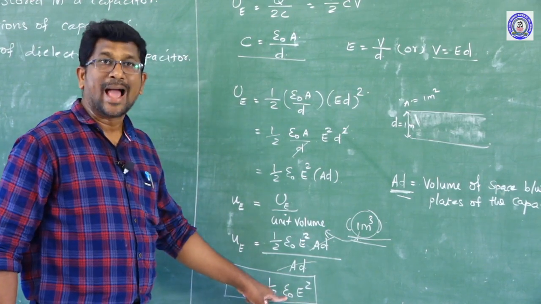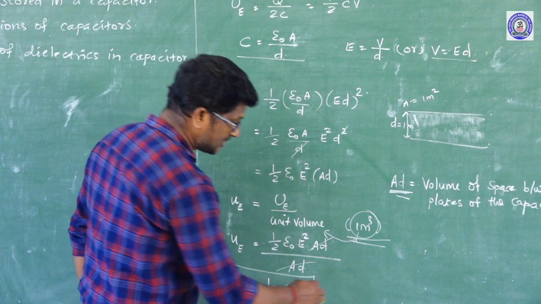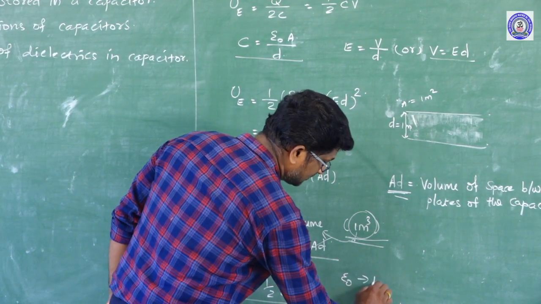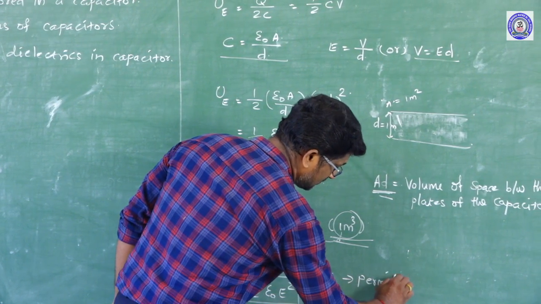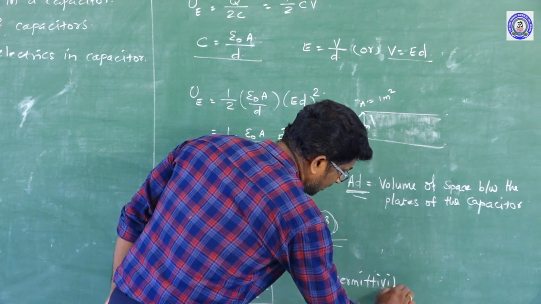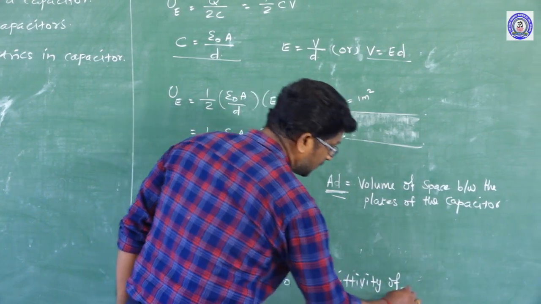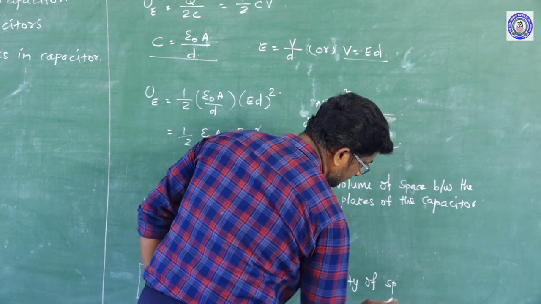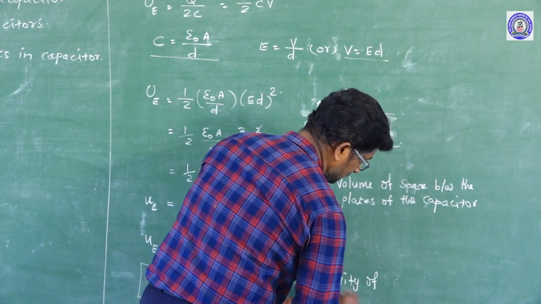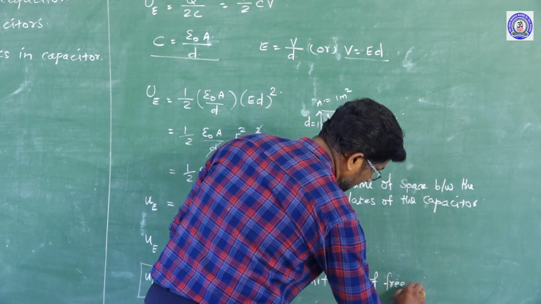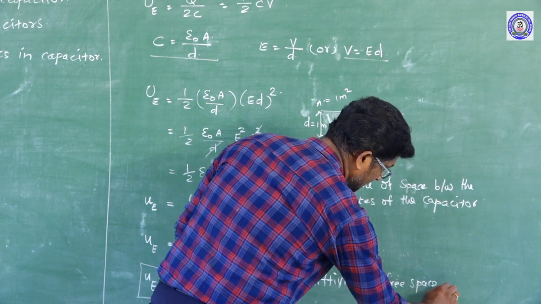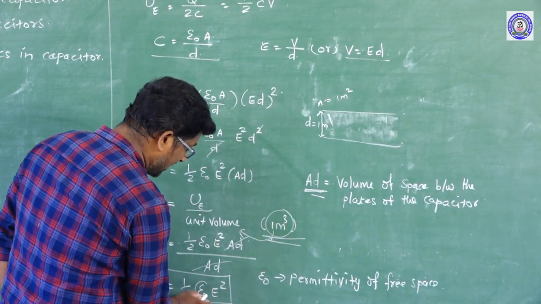What is epsilon naught? Permittivity of free space. It is a constant value.